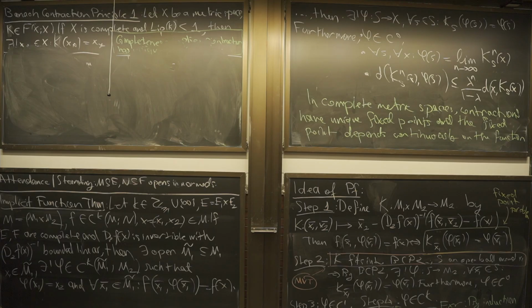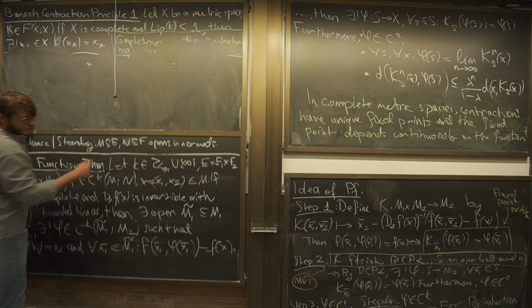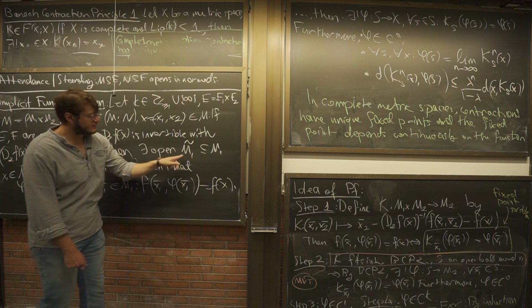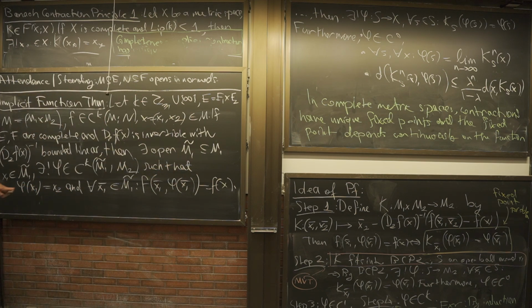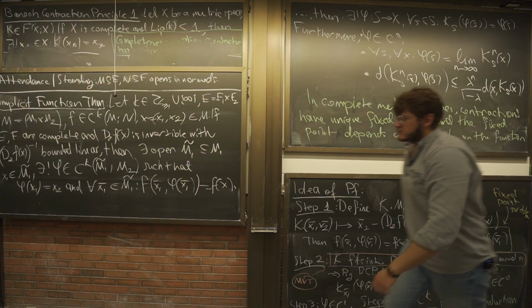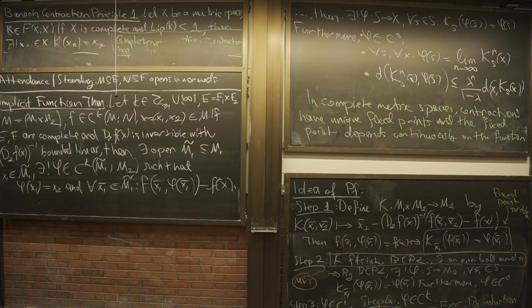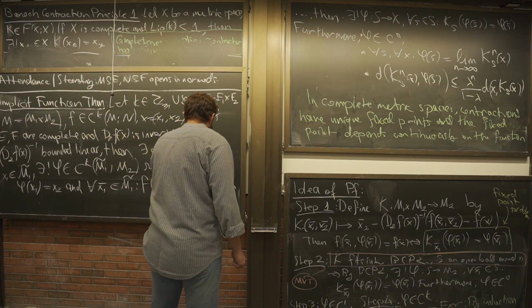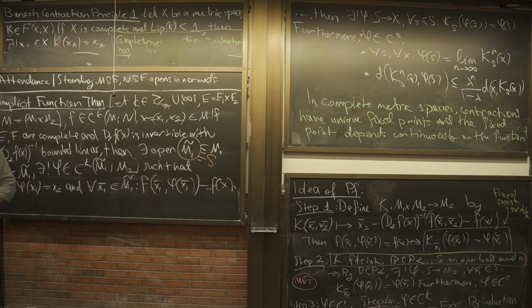Yeah, so for instance, in the statement of the implicit function theorem, this open set M1 tilde that contains x1 is going to be exactly the same thing as this open ball here.